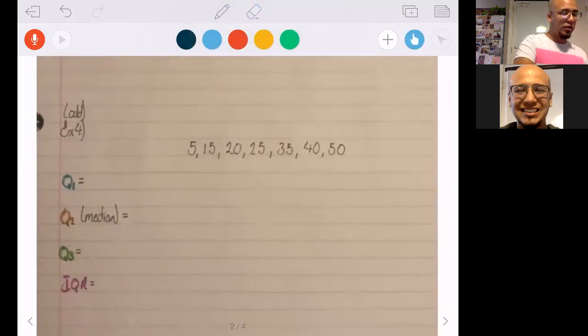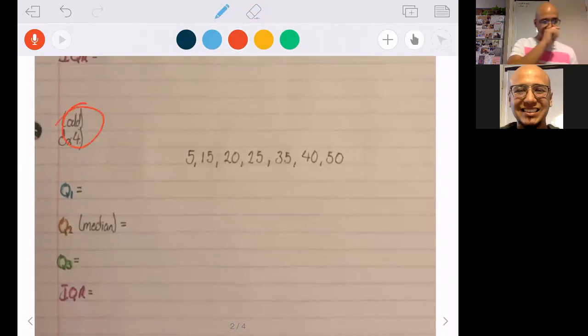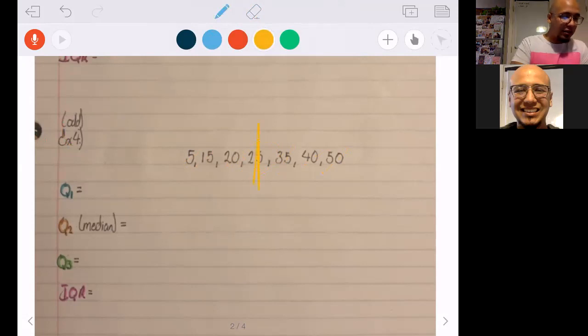Here we are working with an odd number of values. Again, the first thing we're going to do is find our Q2, which is the median. Because I have 7 values, I can see that my Q2, or my median, is 25. It is right in the middle, right at 25.